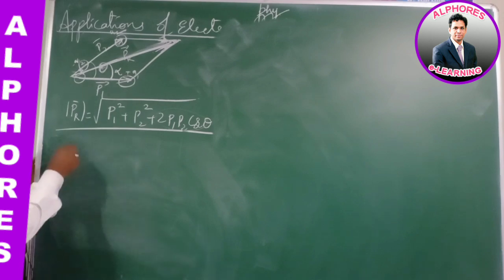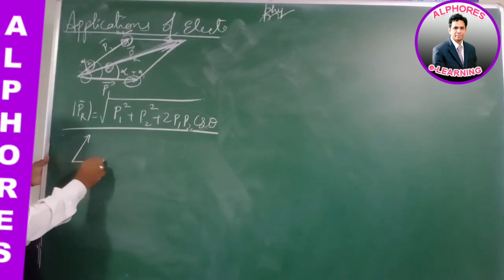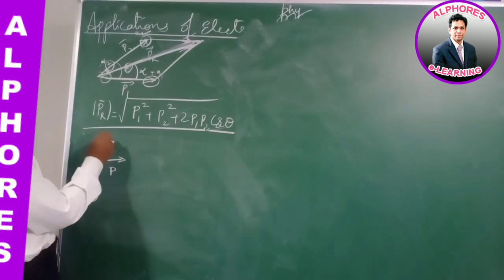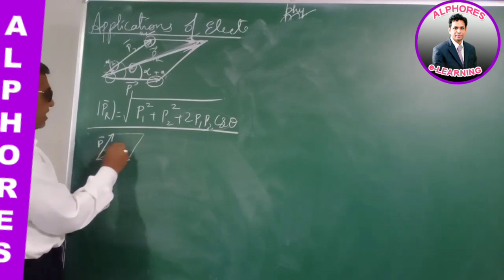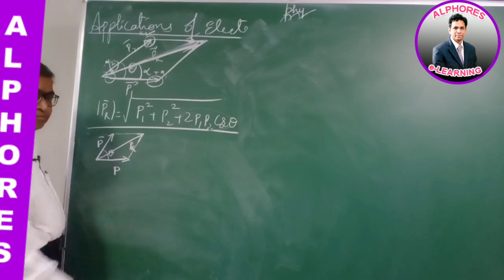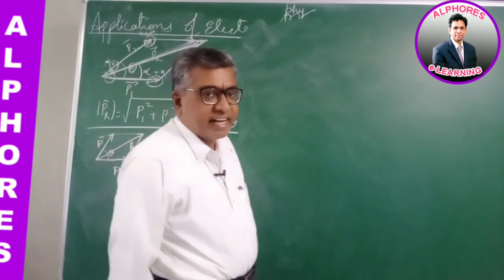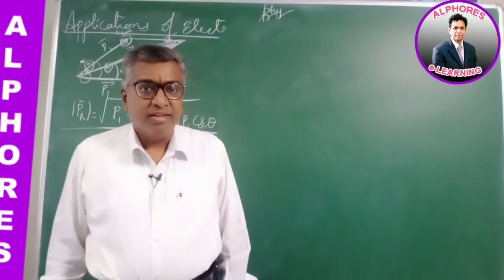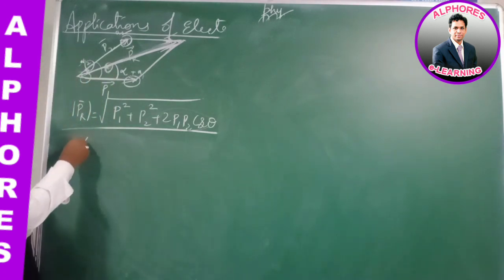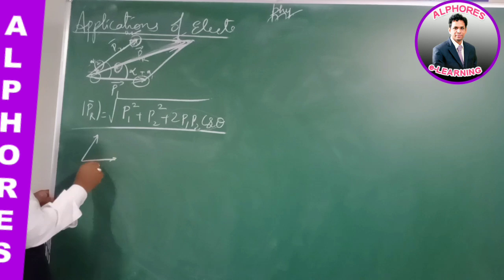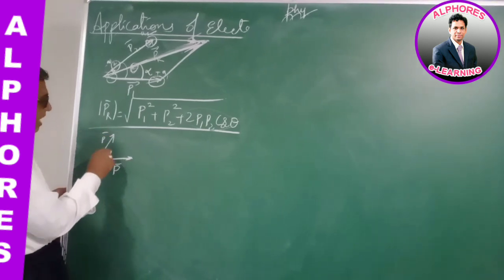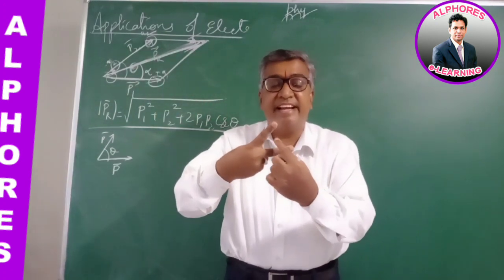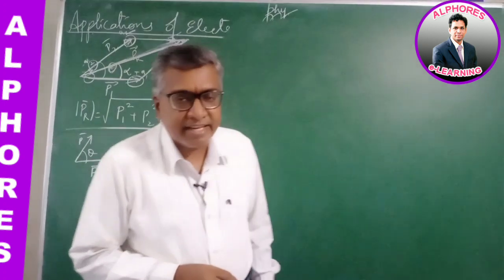Suppose two identical dipoles, of the same dipole moment P each, are inclined at an angle theta. Completing the parallelogram like this, the resultant dipole moment is P resultant. Two dipoles P and P are inclined at an angle theta, shown by two adjacent sides of a parallelogram.